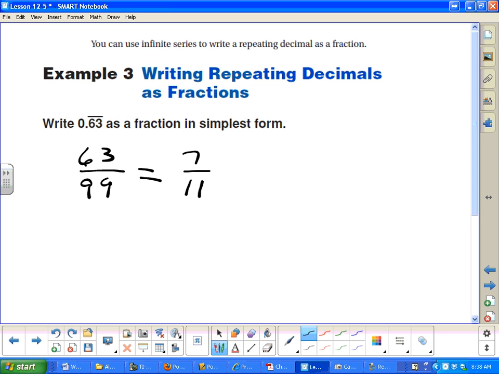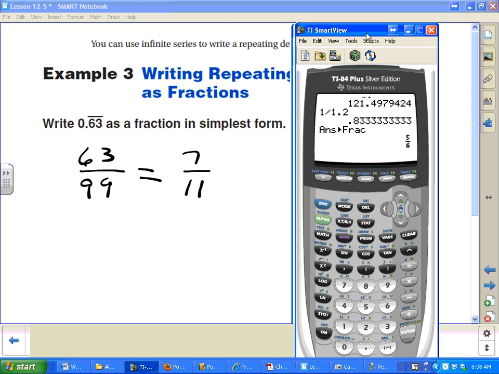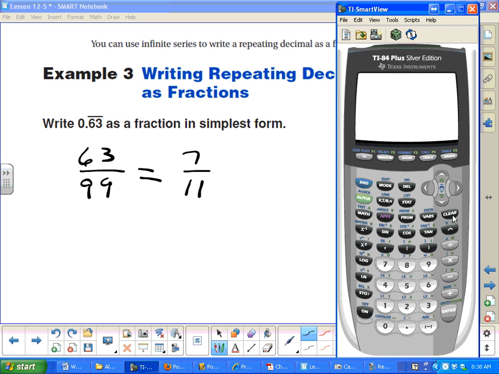So if I took my calculator and I did 7 divided by 11, you would get 0.6363636363 continuing forever. Okay. Can't get much easier than that, can it?